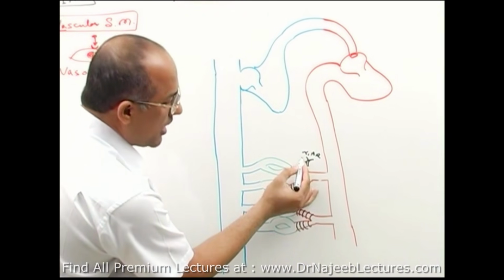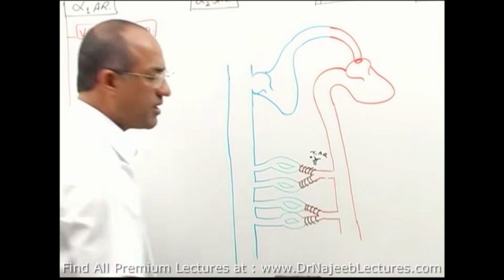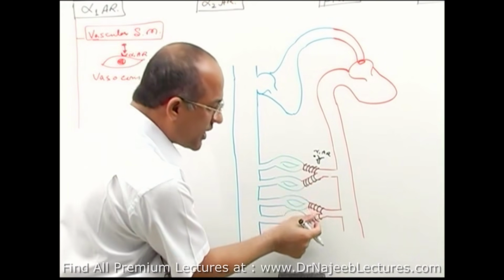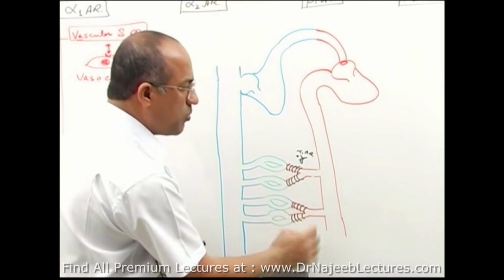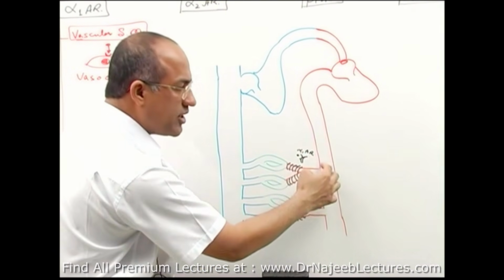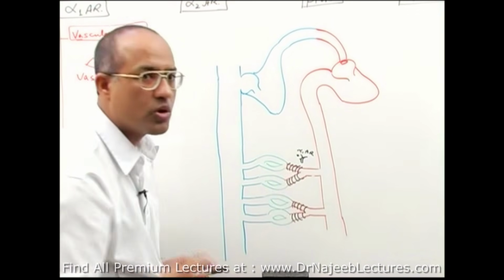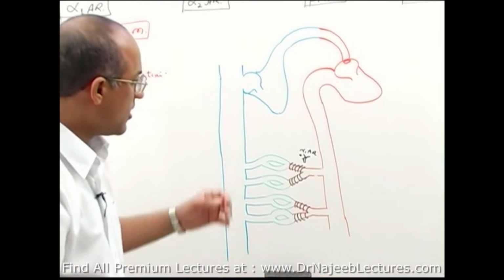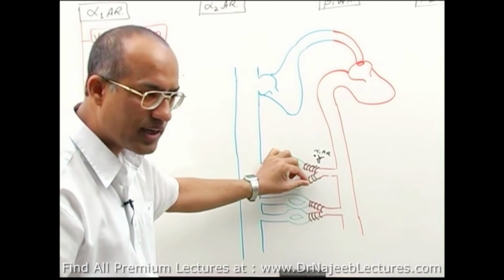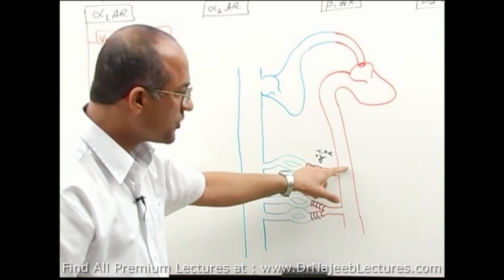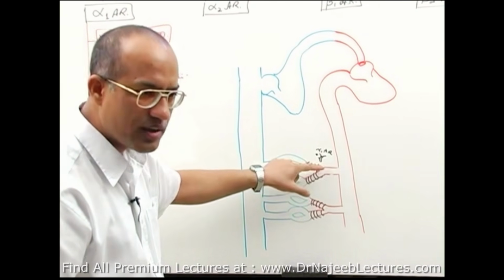Now when an alpha 1 agonist stimulates it, these smooth muscles will be stimulated and constrict. When these smooth muscles constrict, what will be the result? These vessels will become narrow, and blood moving from the arterial side to the capillaries and venous system will find more resistance. When arterioles constrict, blood moving from the arterial tree to the capillary side faces more resistance.